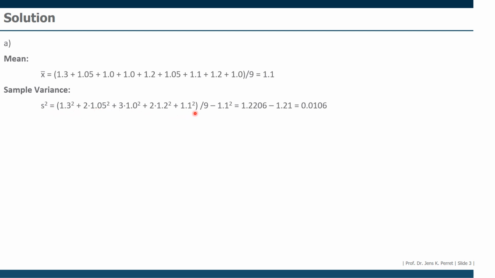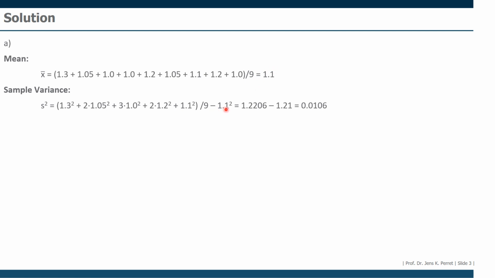Here we're going to add up all the squared values, but to make this a bit shorter, I see the 1.0 I have 3 times, I have the 1.2 twice, so I can actually summarize this a bit, giving me 1.3 to the power of 2, then I have 2 times 1.05, so I go 2 times 1.05 squared and so forth, dividing by 9, the 9 observations, minus 1.1 squared, that's actually here the average.